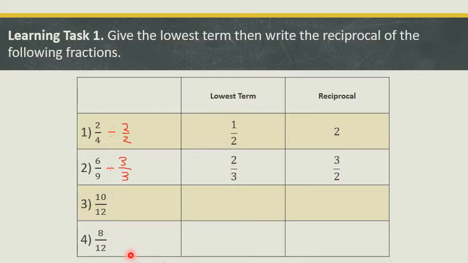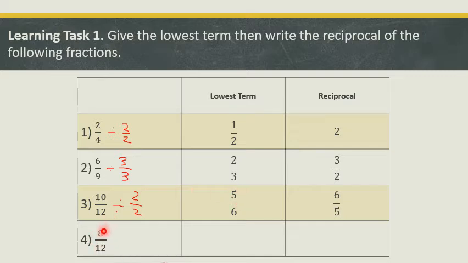Then, number 3, ang common factor ng 10 at saka ng 12 is 2. Pag dinivide natin, 10 divided by 2 is 5, 12 divided by 2 is 6. So, magiging 5/6. And the reciprocal po ng 5/6 ay 6/5.